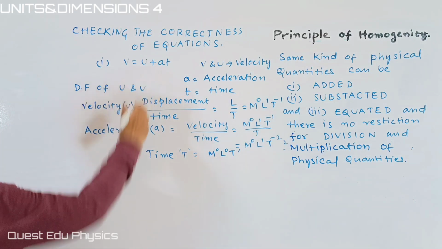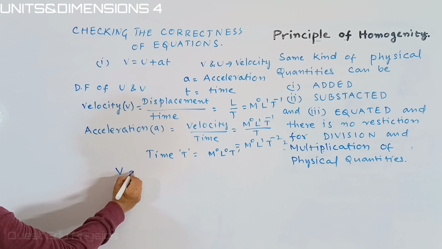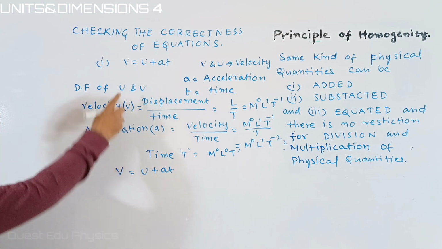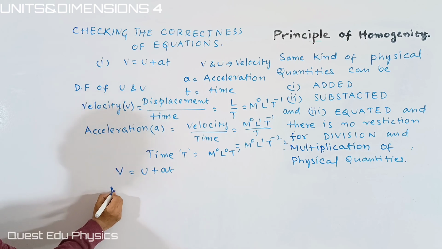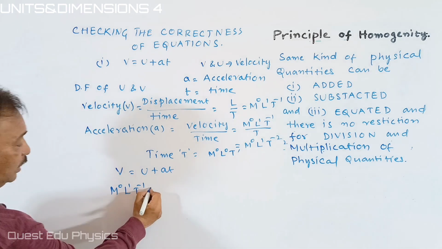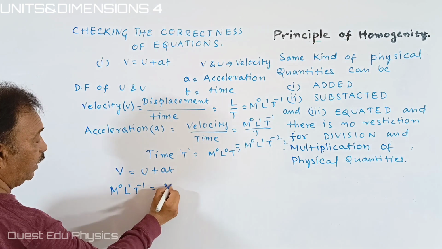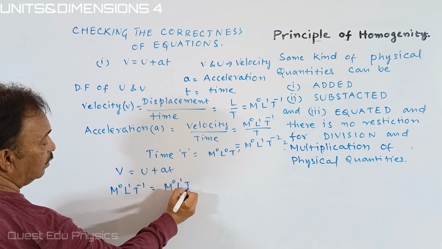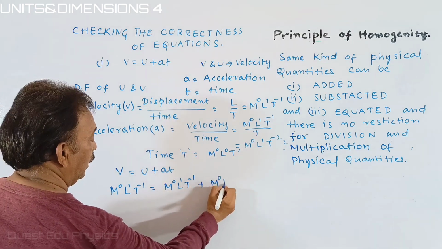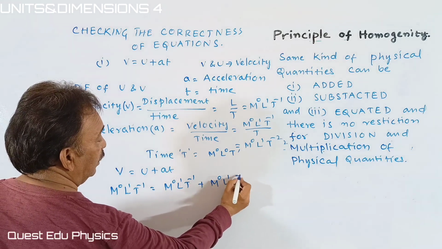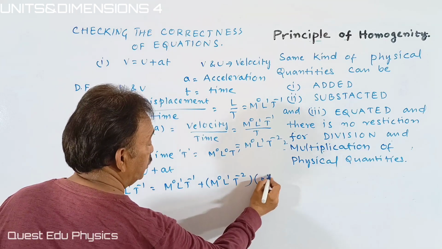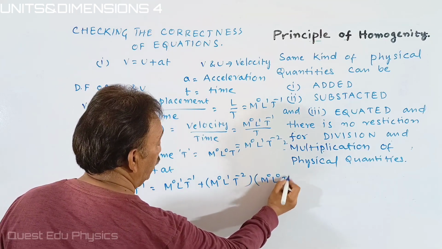Okay, we have to equate them. We have to show V is equal to U plus AT. What we got? Velocity M0, L1, T inverse is equal to U, that is M0, L1, T inverse, plus A, M0, L1, T inverse 2, multiplied with time, that is M0, L0, T1.